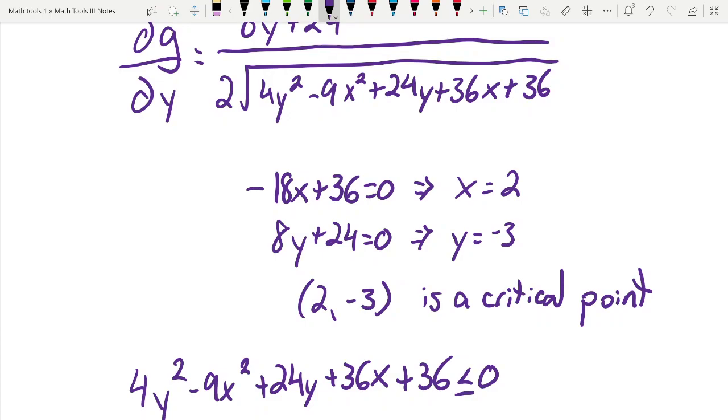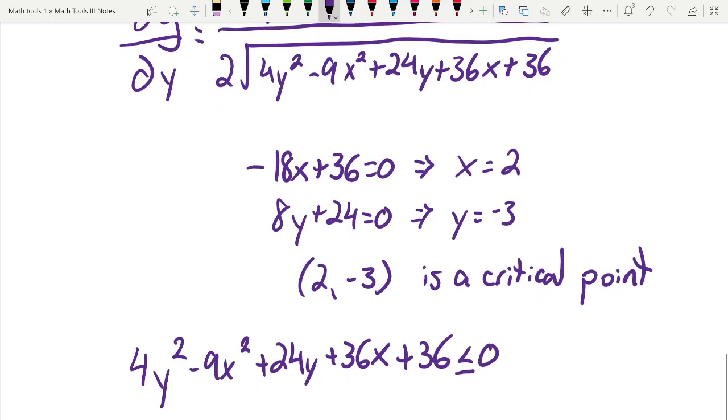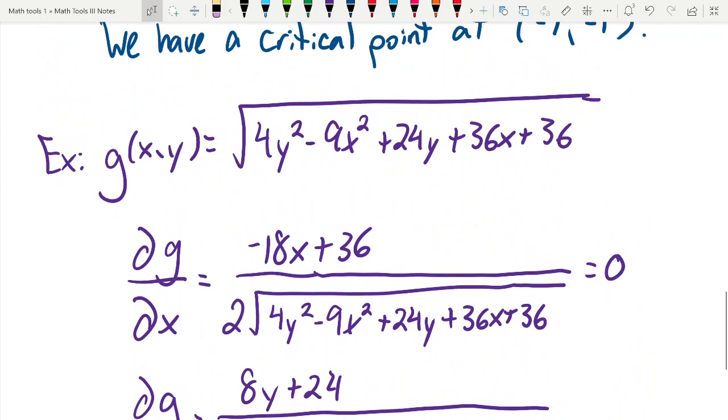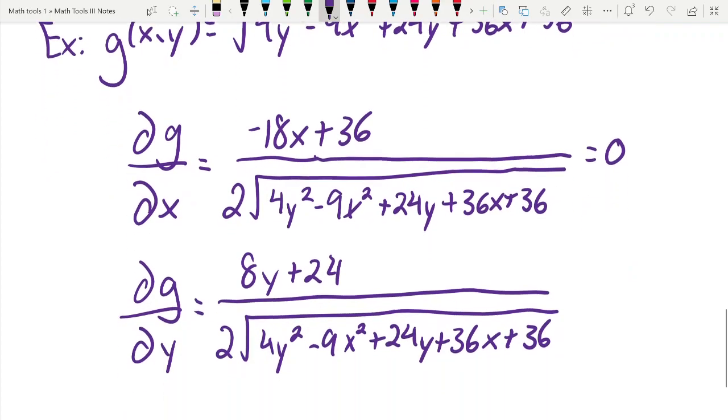Because anything that's less than 0 would cause an issue here, because then we'd have a negative square root. But anything equal to 0 would cause an issue because it would be in the denominator. Now, one thing to note is that, again, critical points are only points that are in the domain. If we go back to the original function, the domain of this original function is when this whole thing on the inside here is greater than or equal to 0, because again, we can't have the negative square root.